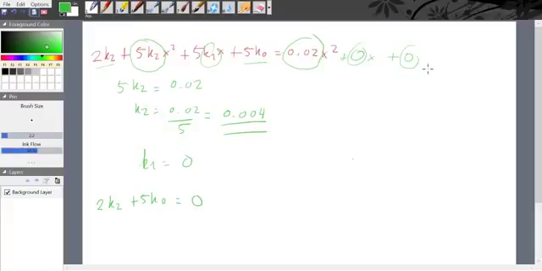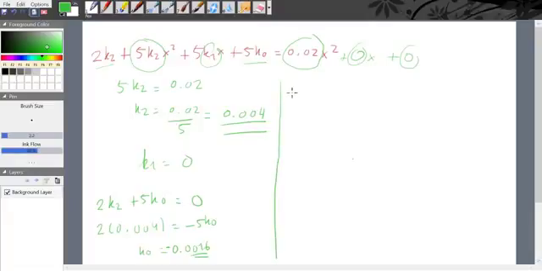So k2 is 0.004, so substitute it: 0.008 is equal to minus 5k0, and k0 is equal to minus 0.0016.